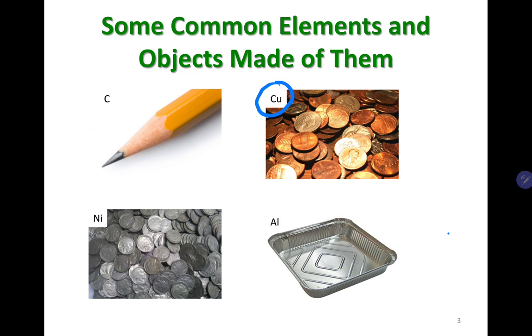Of course, nowadays copper is an expensive metal, so if you make a penny out of copper, it is going to be more expensive than a penny. And these aluminium trays are made up of the element aluminium, and nickel is made up of the metal called nickel.